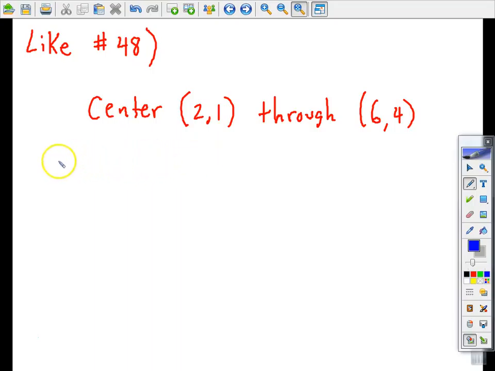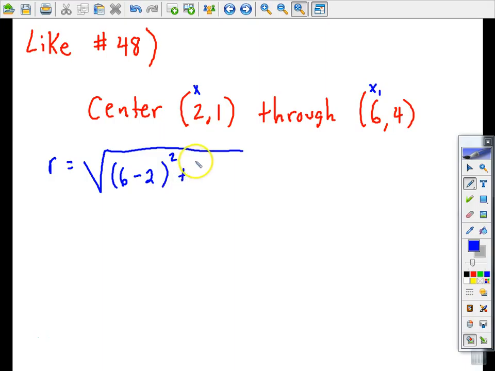Well, remember at the beginning of our lesson, we used the distance formula to find out what the radius of a circle is. So here's my distance formula. It's the difference between the x coordinates. We'll just call this x and this x1. The difference between the x's squared and the difference between the y's squared.